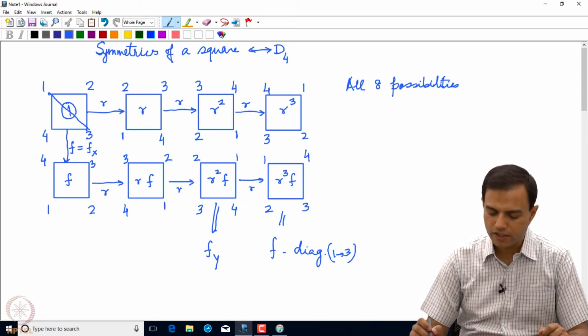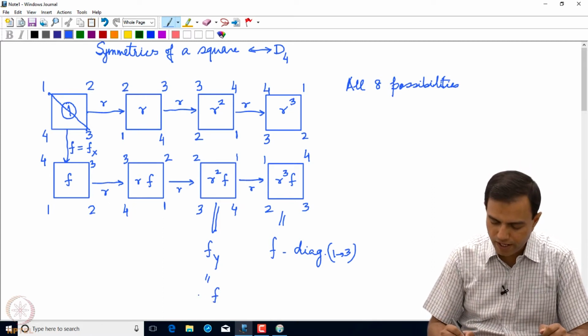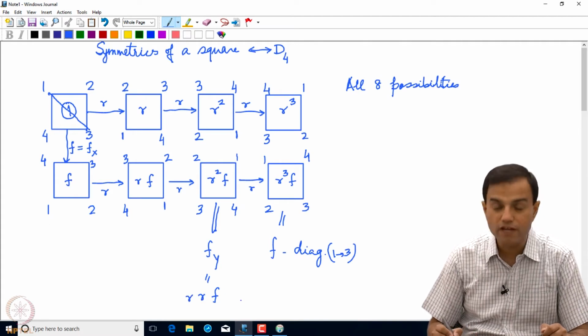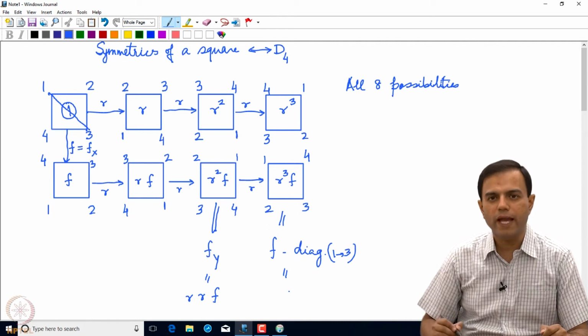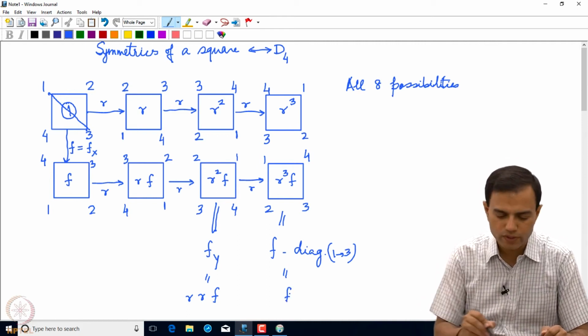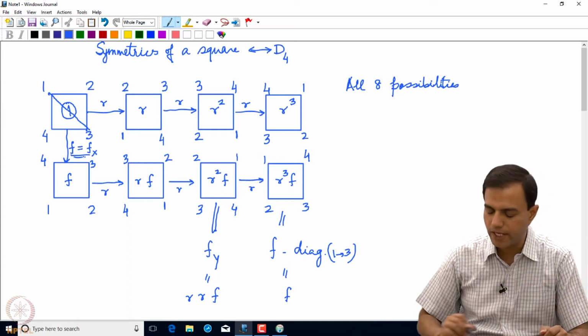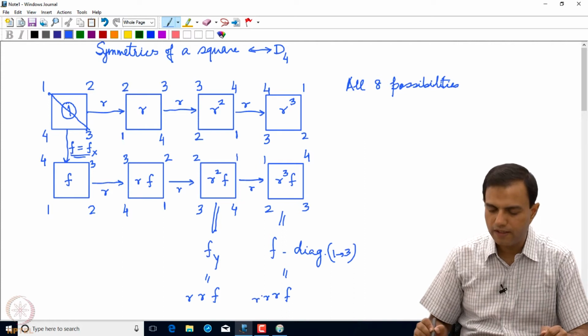That's interesting. What does it mean? To obtain Fy, what you need is f and r and r: you first have f, then r, then r. Similarly, to flip about the diagonal, you first flip about the x-axis, where f is fx, then r, then r, then r.